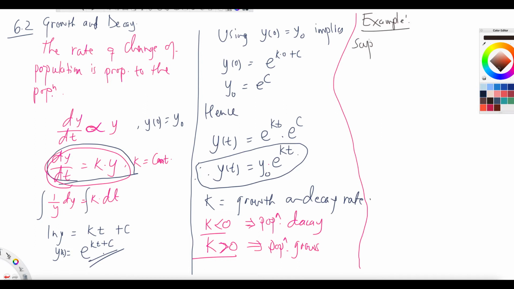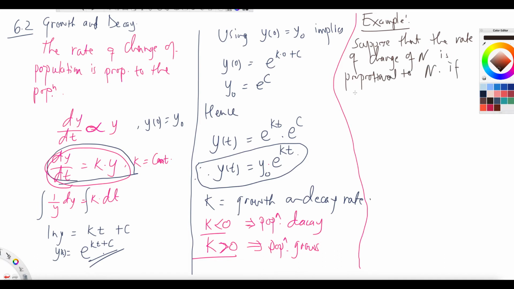Suppose that the rate of change of n is proportional to n.